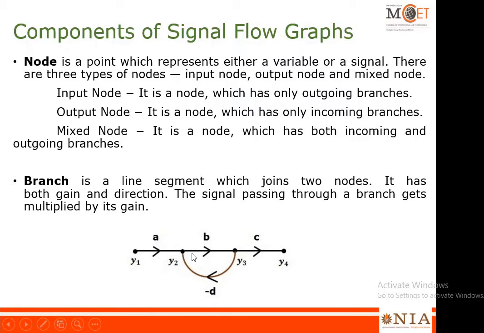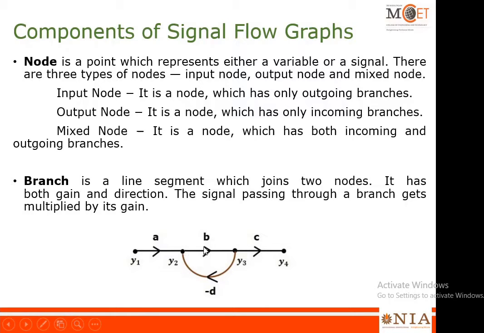A loop is nothing but, you can see here, this thing is a loop where the output has to go to the input and you should form a closed loop. This is your feedback loop. And the gain of this particular loop will be calculated by multiplying the gains of the individual branches. So how many branches are involved in this loop? This is one branch and this is another branch.